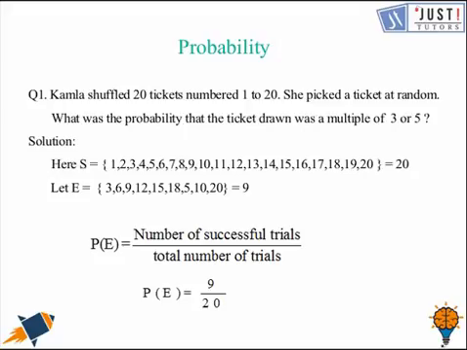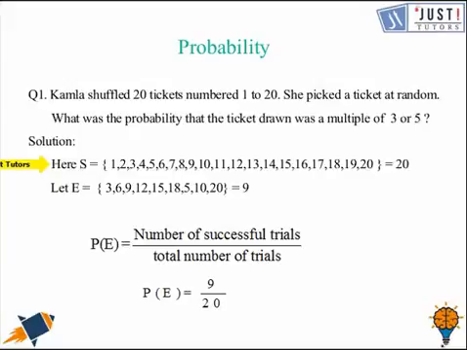Let's look at this with the help of the first example here. Kamla shuffled 20 tickets numbered 1 to 20. She picked a ticket at random. What was the probability that the ticket drawn was a multiple of 3 or 5? So here let's first write the sample space.